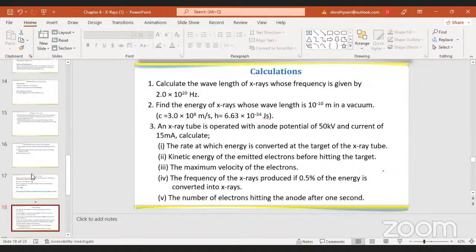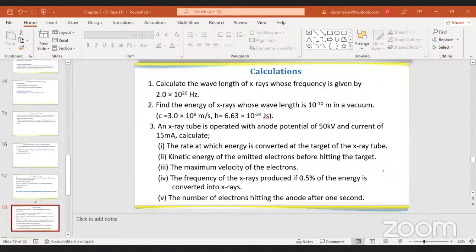Remember, speed of light is a constant. It is given there, 3.0 times 10 raised to 8. Planck's constant is also a constant given there in case you need to use them. But for question one, you don't need it. Which equation are we going to use? Okay, I can see somebody here. Can I have more answers? C is the speed of light.